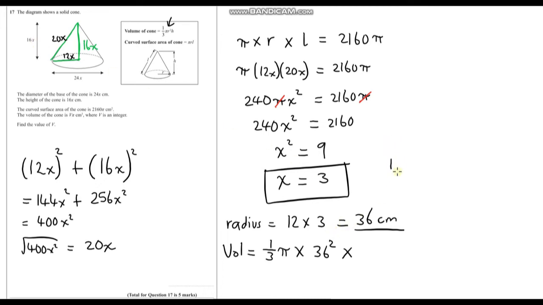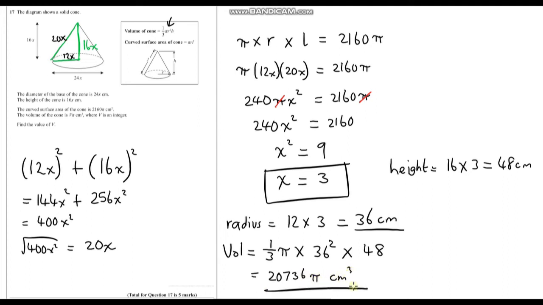So the height is going to be 16 times 3, which is 48 centimeters. So multiply that by 48, and now we can just use our calculator. It's 1/3 of pi multiplied by 36 squared multiplied by 48, and we get 20,736 pi, and that is in centimeters cubed. So that is our volume.